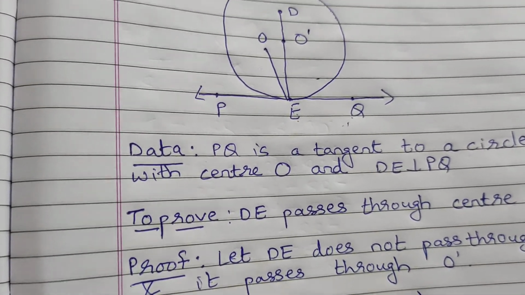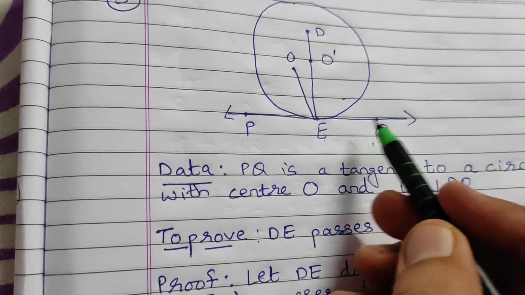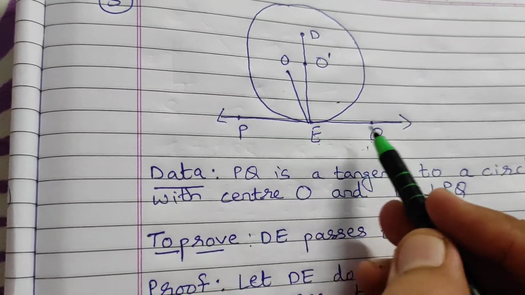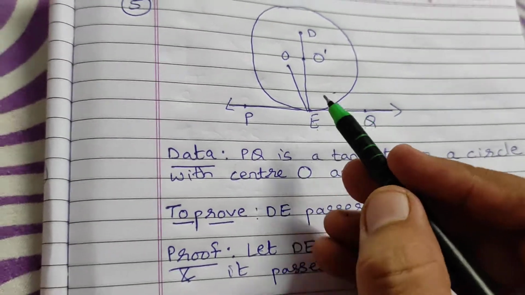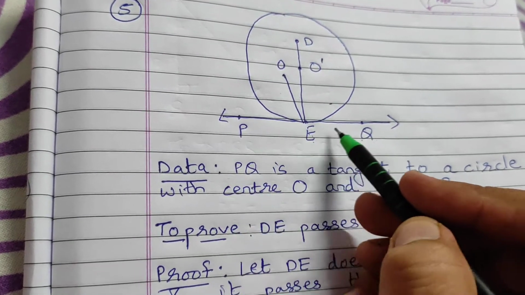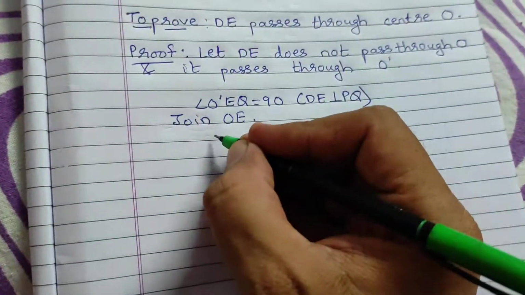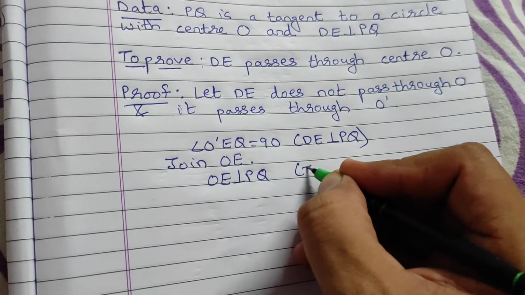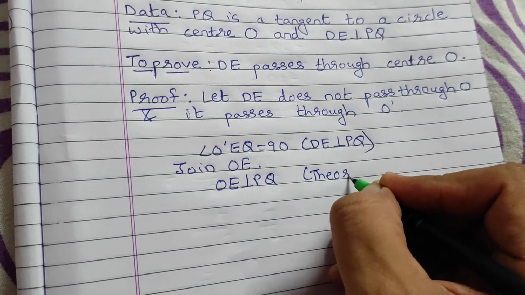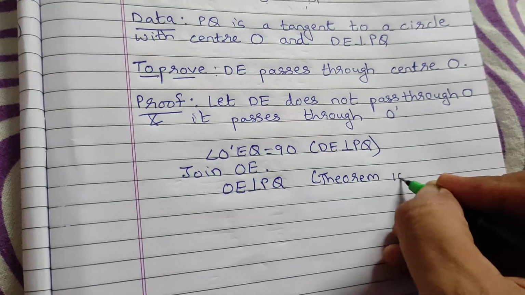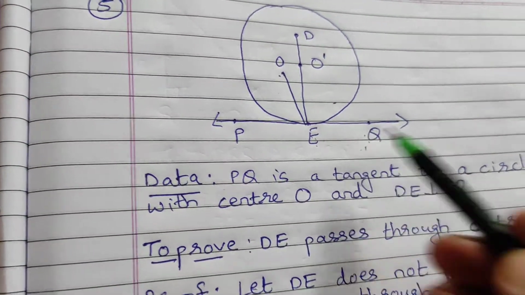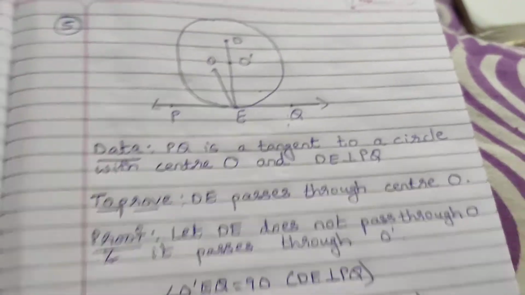OE is a radius and PQ is a tangent. The radius drawn through point of contact is always perpendicular to tangent. That means OE is perpendicular to PQ. So why is OE perpendicular to PQ? According to theorem 10.1. And hence I can say that angle OEQ is 90 degree.